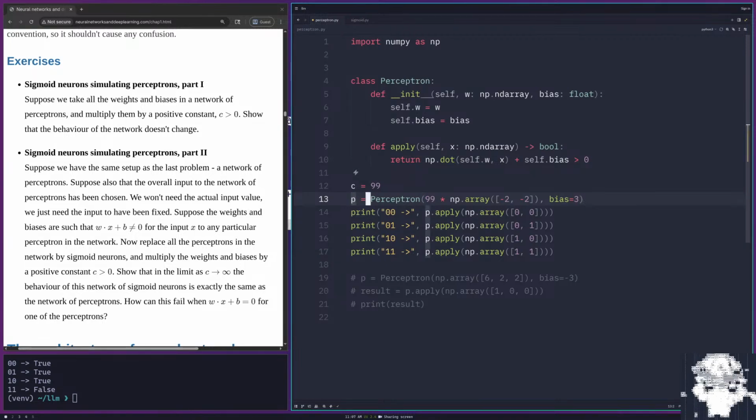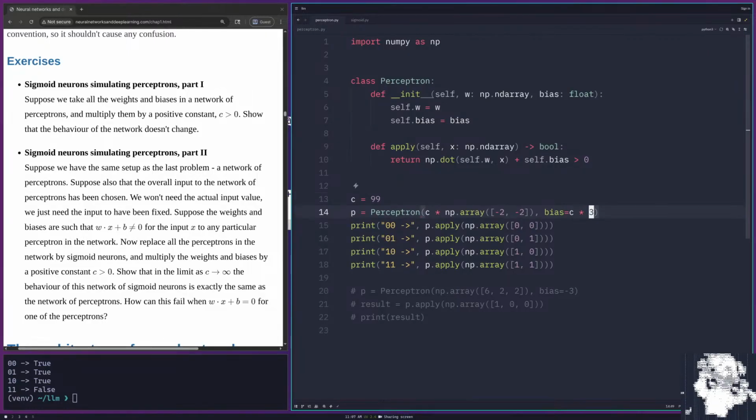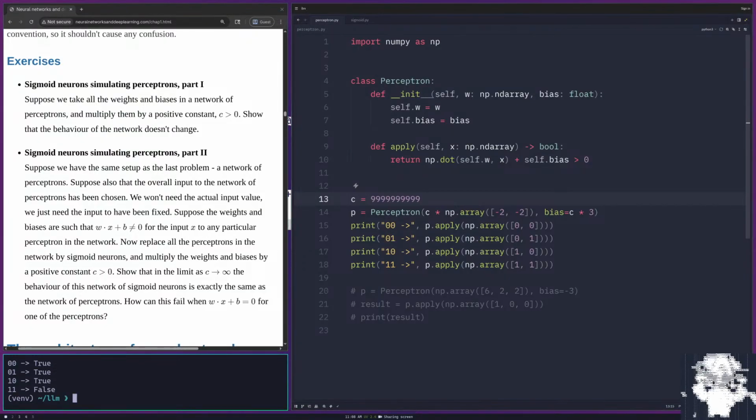Or wait, I meant to do c times array, c times 3. I get the same answers. It has to be a positive constant, so 9999999. It's the same answers for this example.